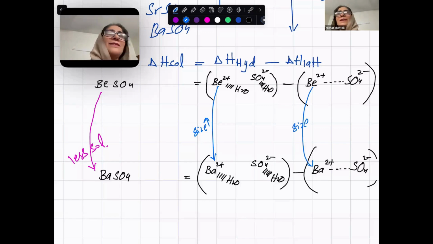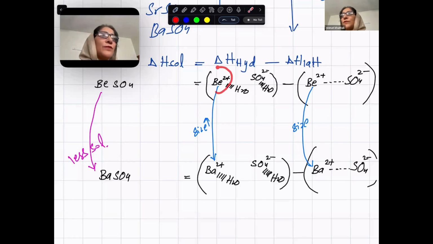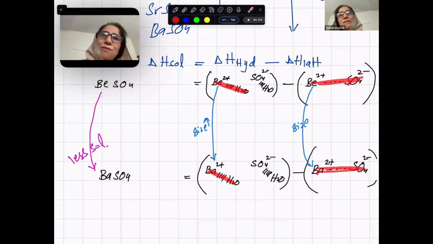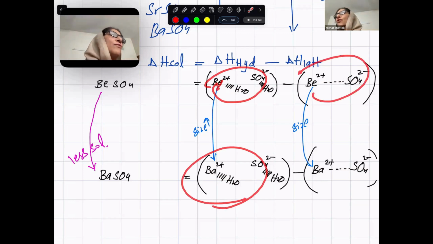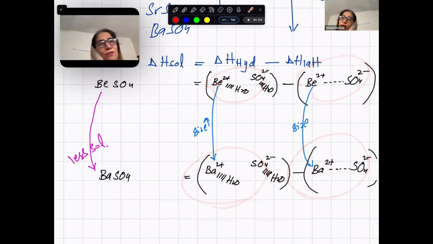When the size is large, the electrostatic forces of attraction are weak. So the attraction of beryllium with water is more, barium with water is less, beryllium with sulfate is more, barium with sulfate is less. It's more exothermic, less exothermic, more exothermic, less exothermic.